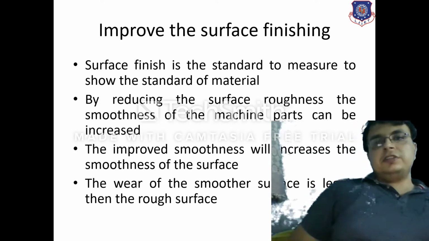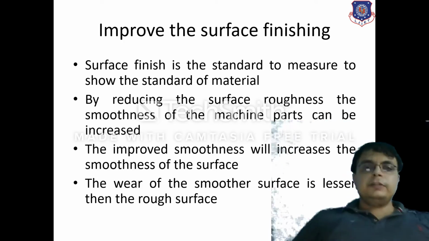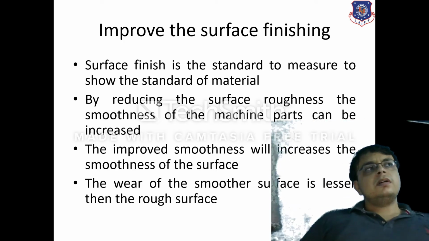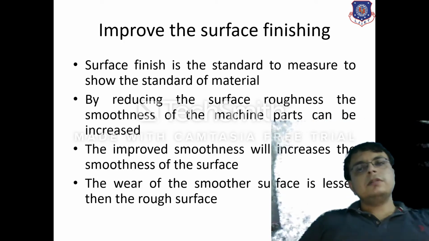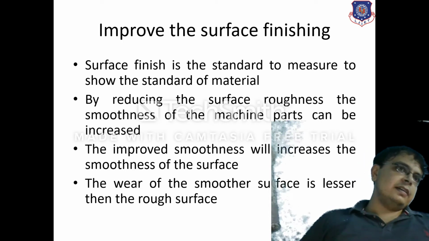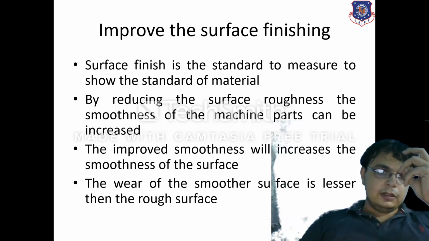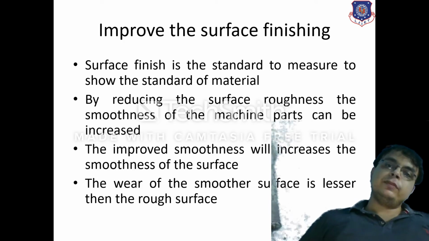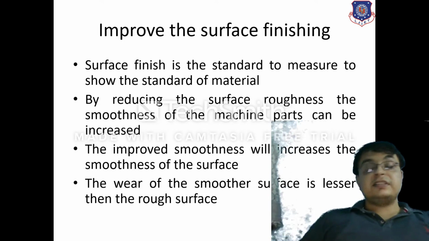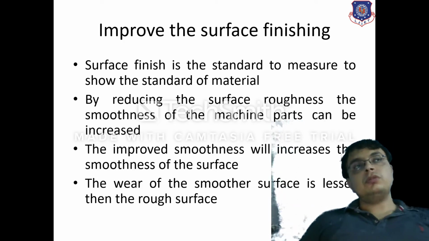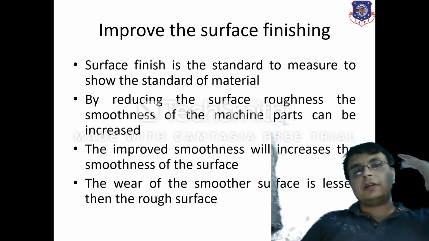Improve the surface finishing. The surface finishing of the machine should be increased. We can say that surface finish is a standard to measure the quality of the material, meaning how good the surface is, how good the material will be.